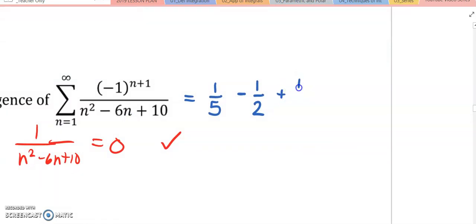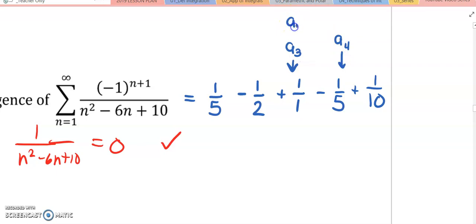If we go to the next term, it becomes 1 over 1. So what's happening in these first 3 terms is it's actually getting larger. But with that being said, look what now begins to happen. We're going to get 1/5 as our next term, and then we're going to get 1/10 as our next term. So beginning here at a sub 3 and then going to a sub 4, think of that as a sub n, and think of this as a sub n plus 1.